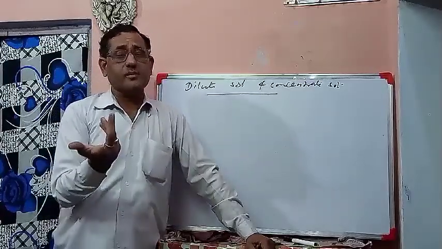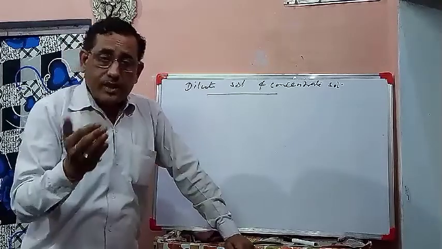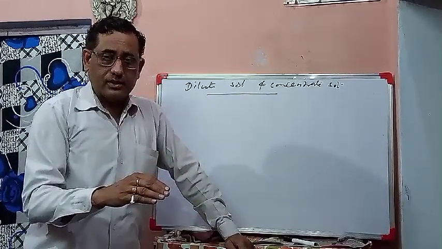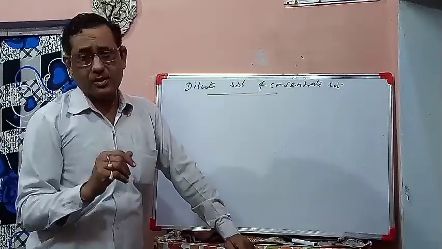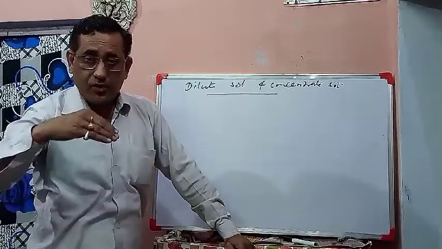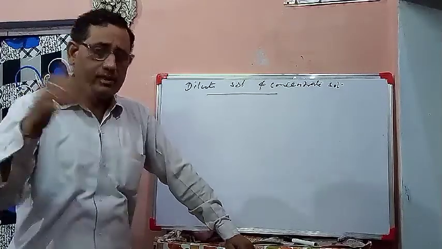Dilute concentrate की meaning क्या है? When solute is in lesser proportion, lesser percentage value, then it is called dilute solution. And when percentage of solute is greater, more than 50%, then it is called concentrate.